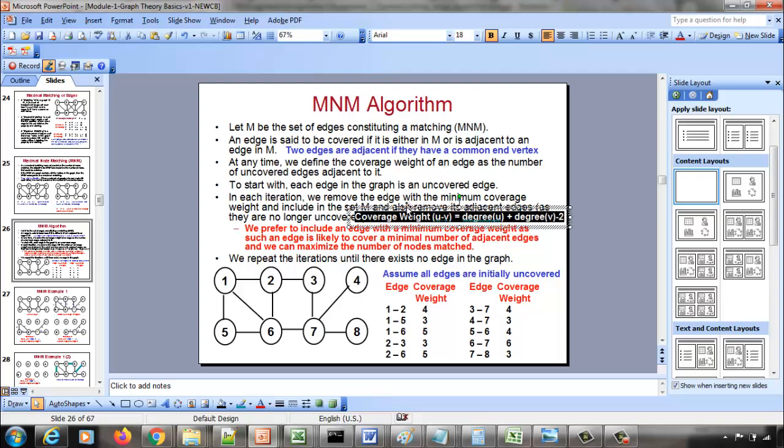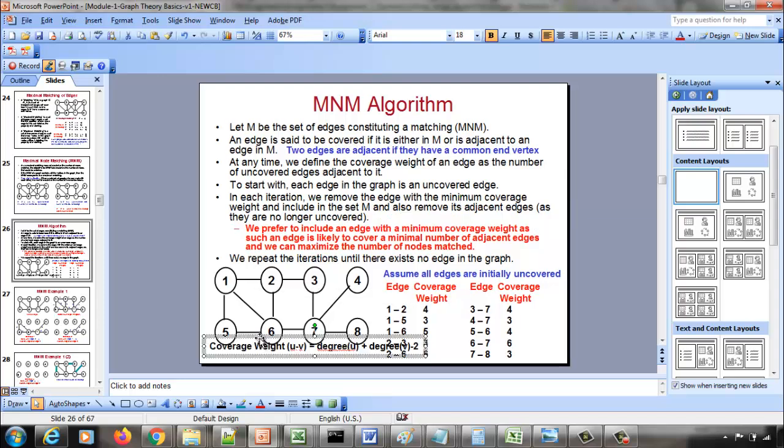So this is the formula for the coverage weight for an edge.